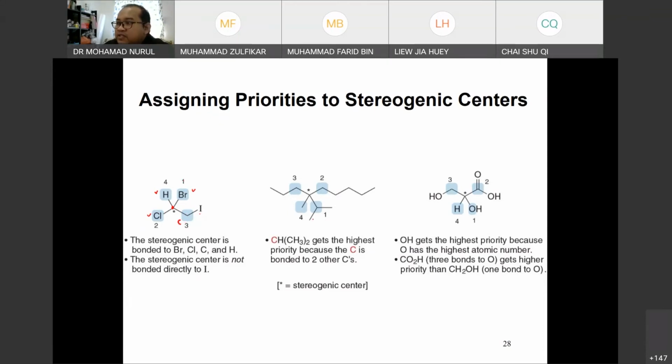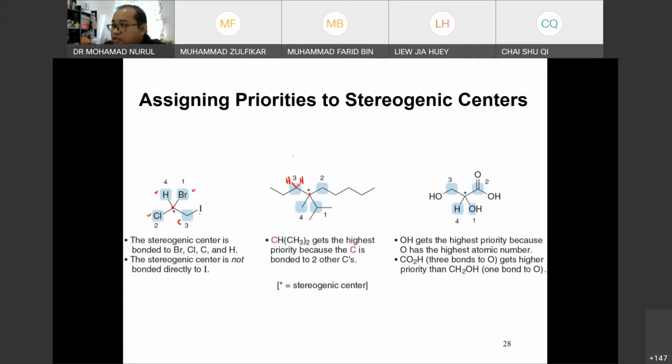For this second example here, almost all are alkenes, single bonds, but you have to look at the priority numbers of the bondings. This one is bonded to carbon, the longest one. This is the longest chain.